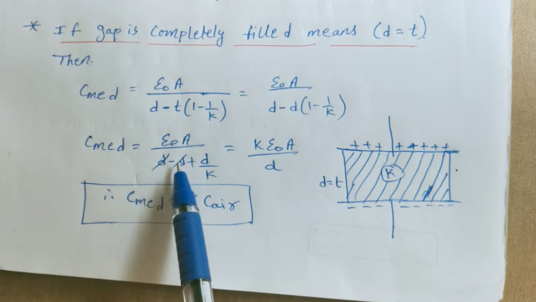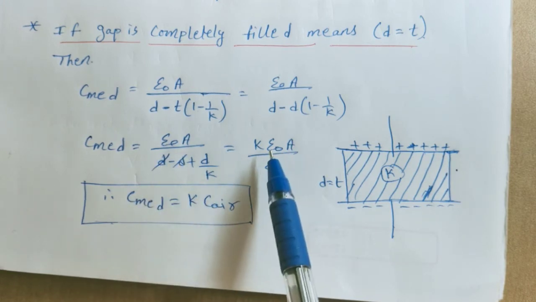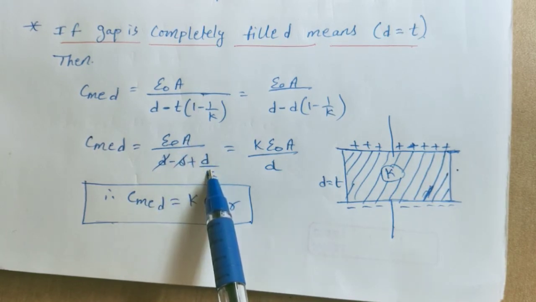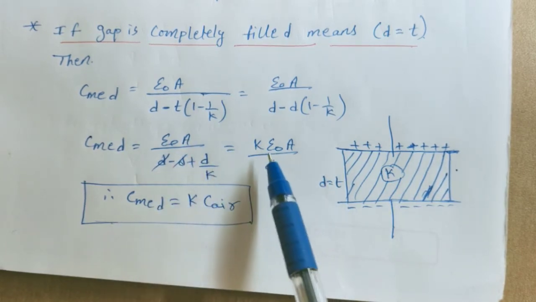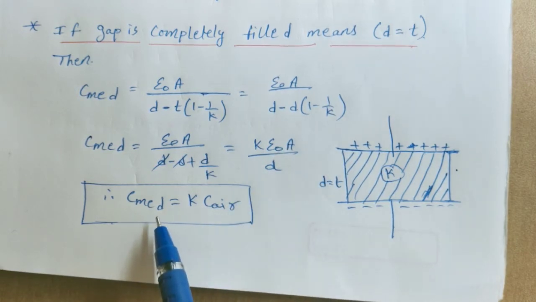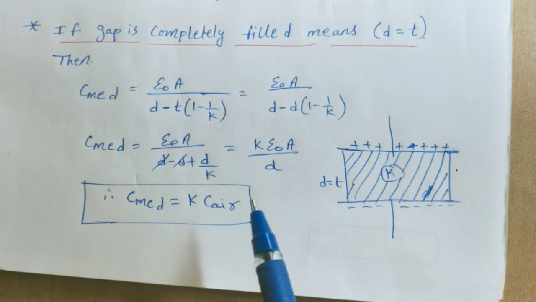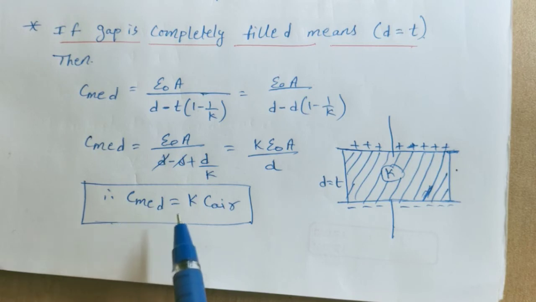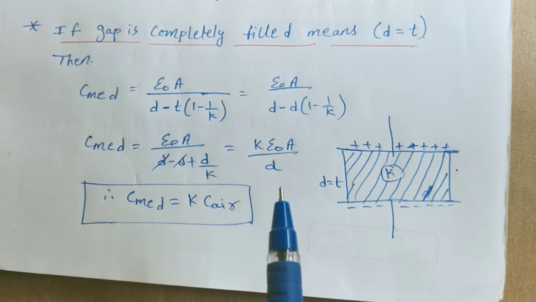Here minus d and plus d cancel. Finally we get epsilon naught A divided by d by K, which is also K into epsilon naught A by d. Therefore, C medium is equal to K times C air.